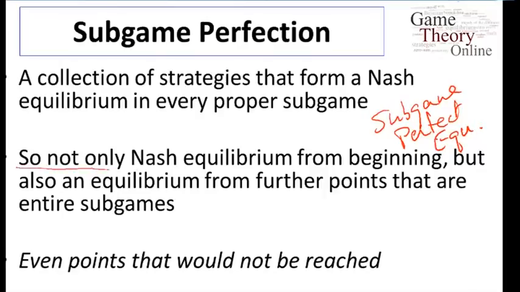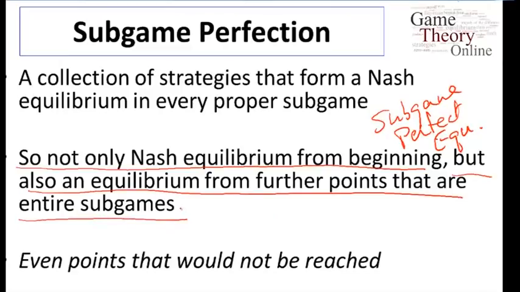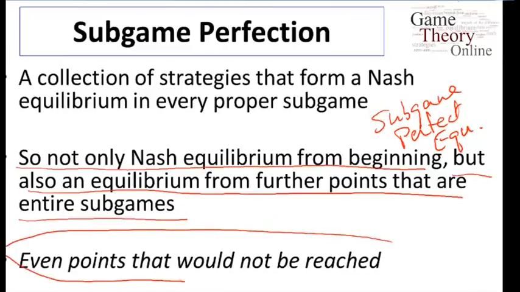It includes the idea that it has to be a Nash equilibrium overall, but it also has to look like a Nash equilibrium from all further points that are entire subgames. In particular, even at points that might not be reached in the tree, it has to be an equilibrium. So we have to prescribe that people play as if it's an equilibrium from every possible node onwards in a game of perfect information.